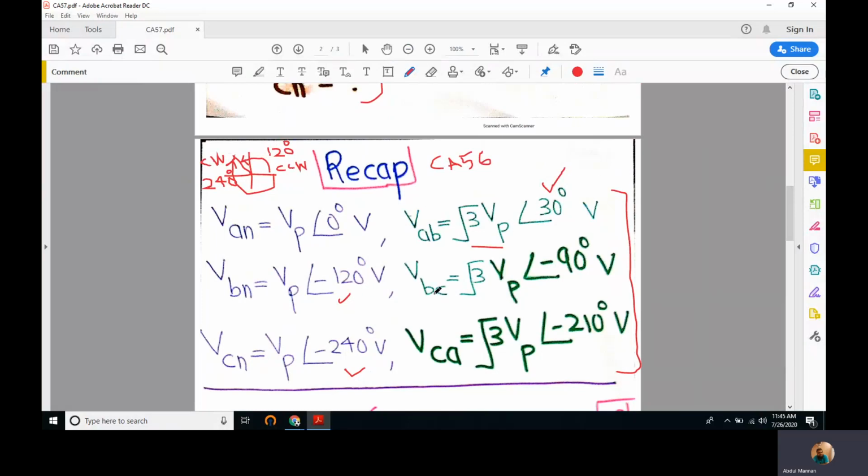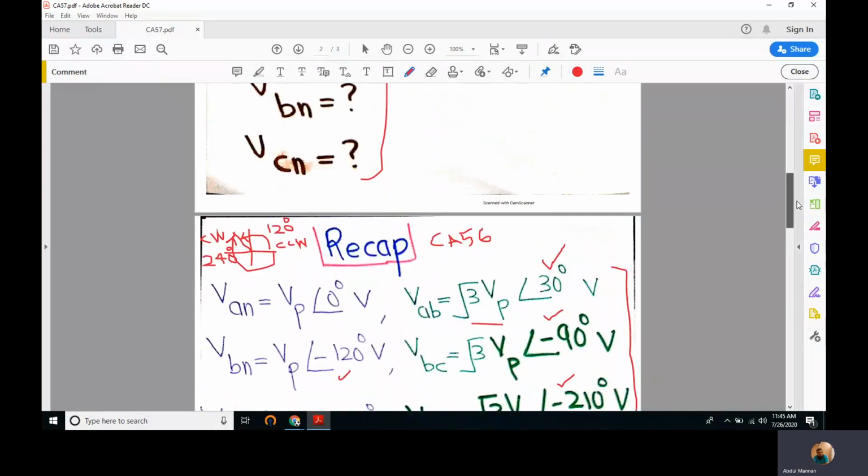Similarly, VBC is leading VBN by 30 degrees, and VCA is leading VCN by 30 degrees. Right, so all the line voltages are 30 degrees leading the corresponding phase voltages, or in other words, all phase voltages are 30 degrees lagging their corresponding line voltages.